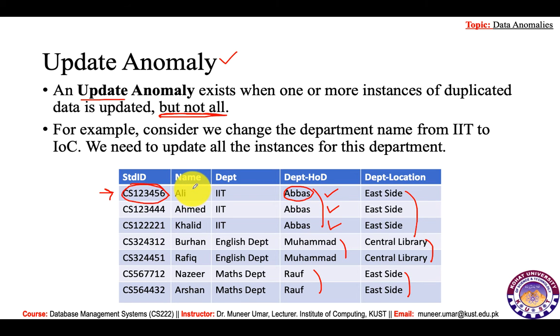It will be changed with an update query, but the rest will remain the same. So in that case, there would be data inconsistency. For one record, we will have a different name for IIT HOD, and for the rest, the name would be different.